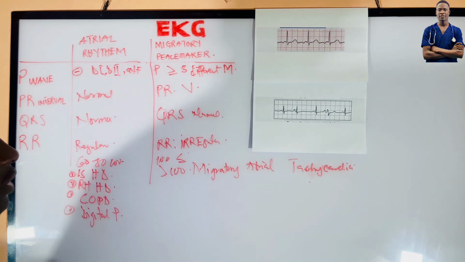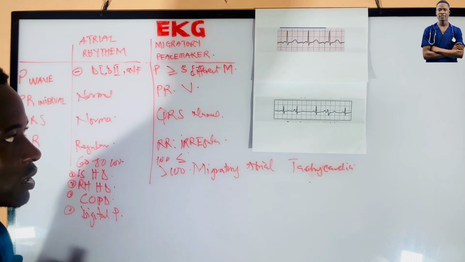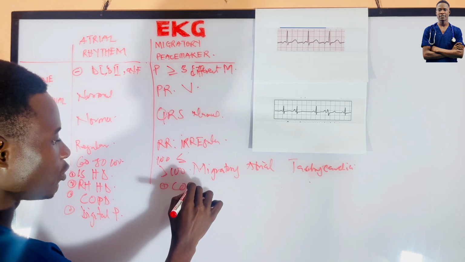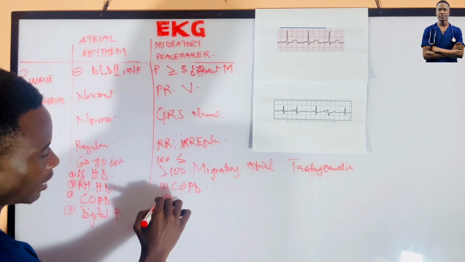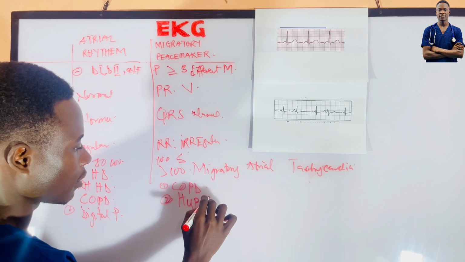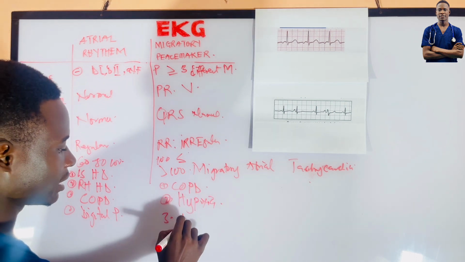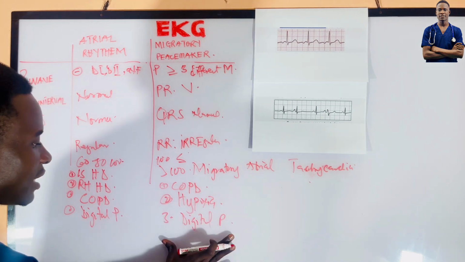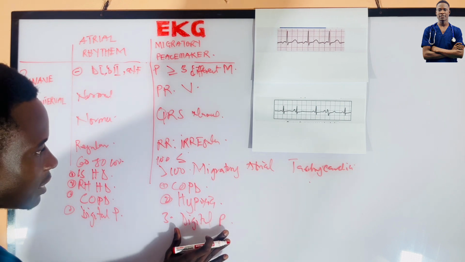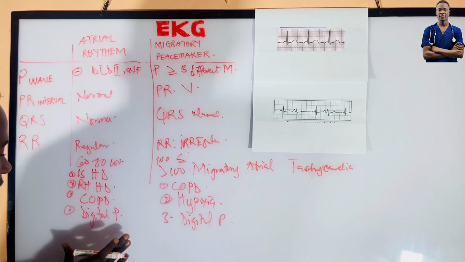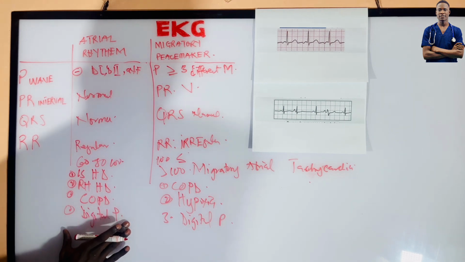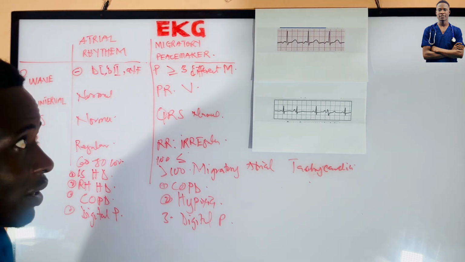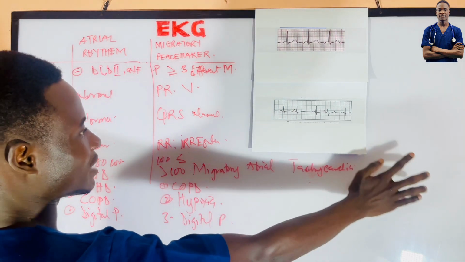Now let's come to the migratory pacemaker. Things that cause that: first, COPD. Second, hypoxia. And lastly, digitalis poisoning. So these are the conditions or pathologies that can lead to migratory pacemaker, and these are also conditions that can lead to atrial rhythm. Are we clear with it? Now, so we will be able to identify it.